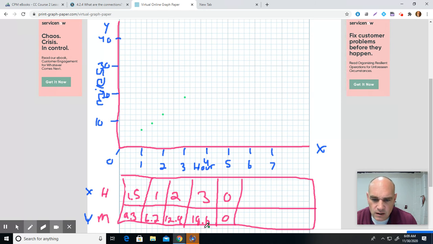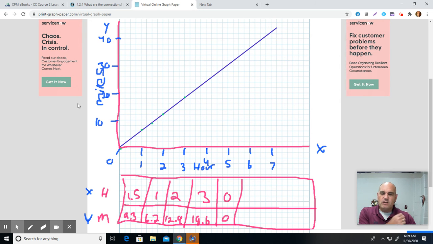And 0, 0 is right there. All right. So now I'm going to connect all these points. And if I did this well, there we go. That actually looks pretty darn good.